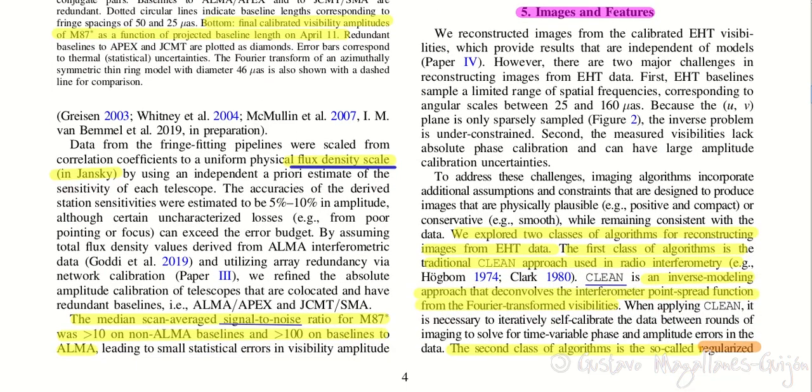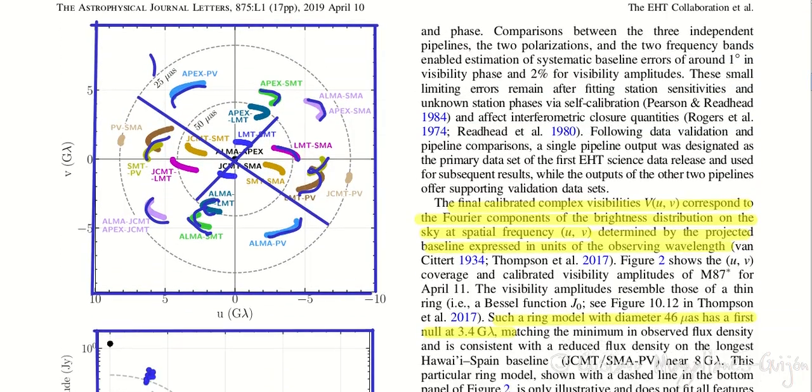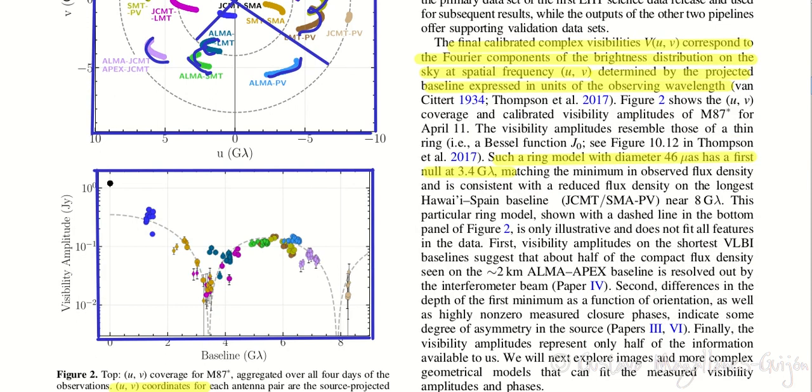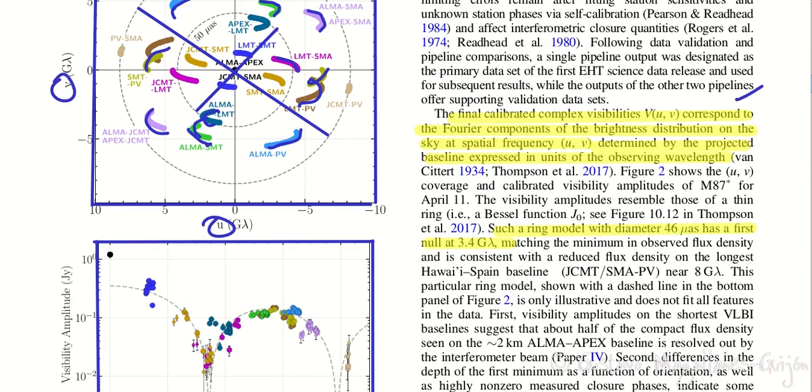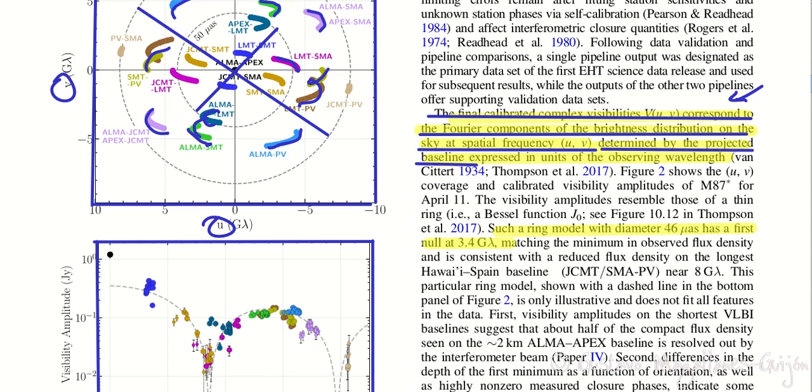The flux density was registered in Janskys, and the median scan average signal-to-noise ratio was greater than this. About these coordinates U and V, the authors explain to us that the final calibrated complex visibilities correspond to the Fourier components of the brightness distribution on the sky at the spatial frequency (u, v), determined by the projected baseline expressed in units of the observing wavelength.